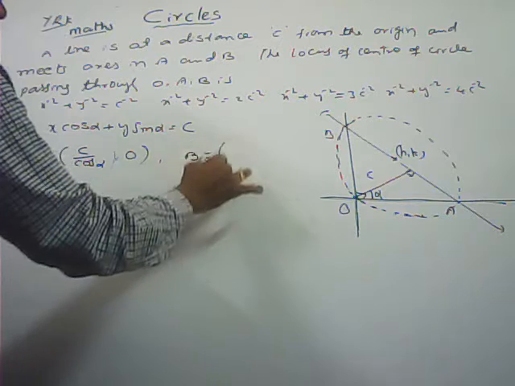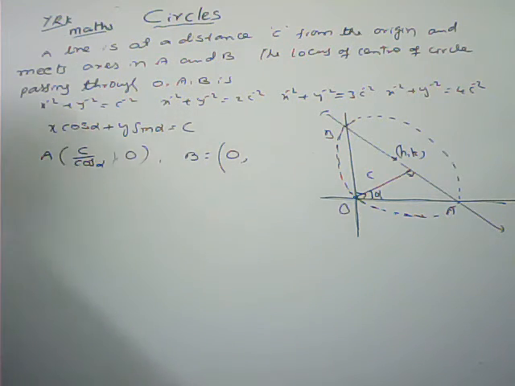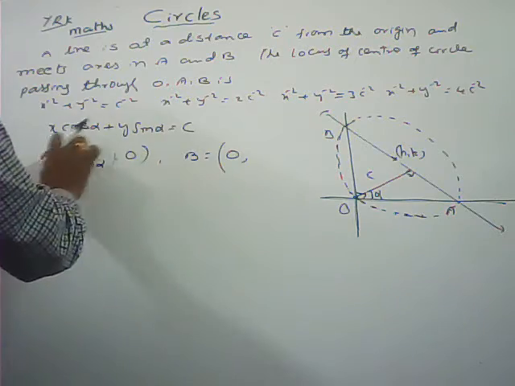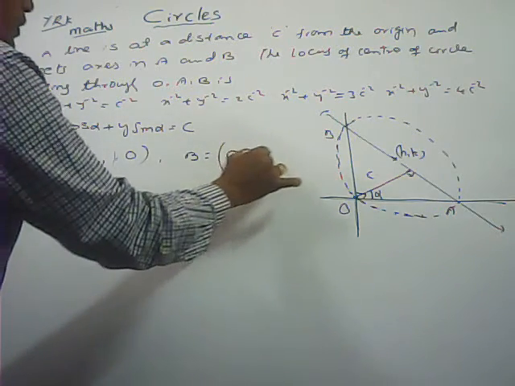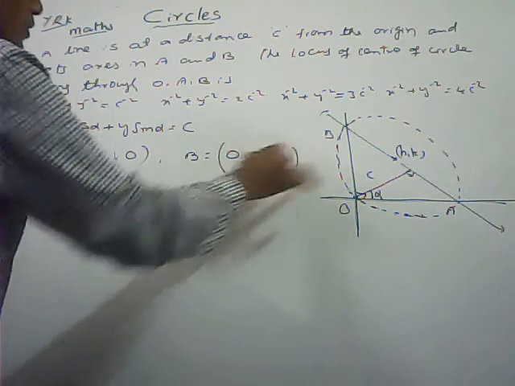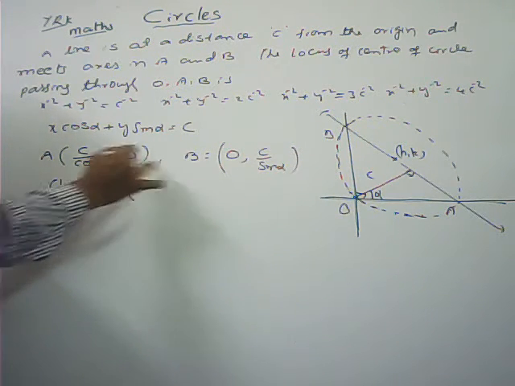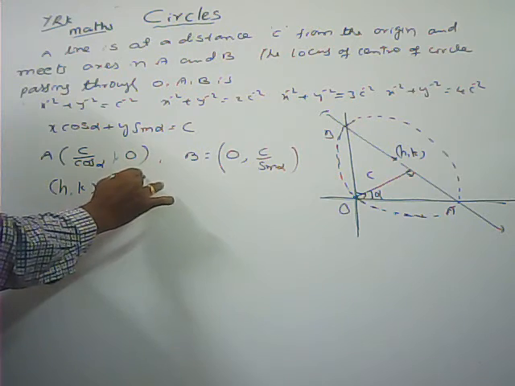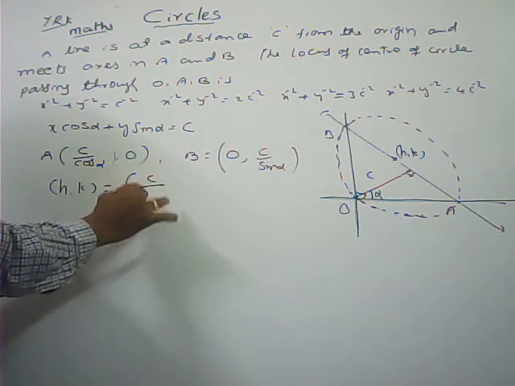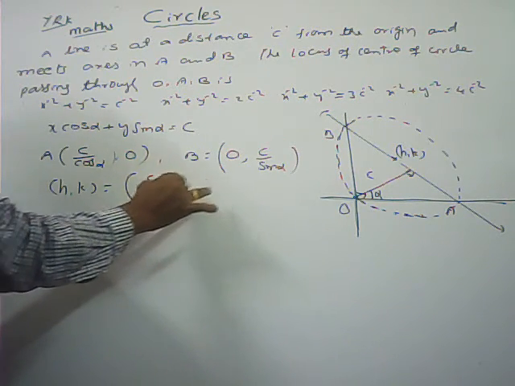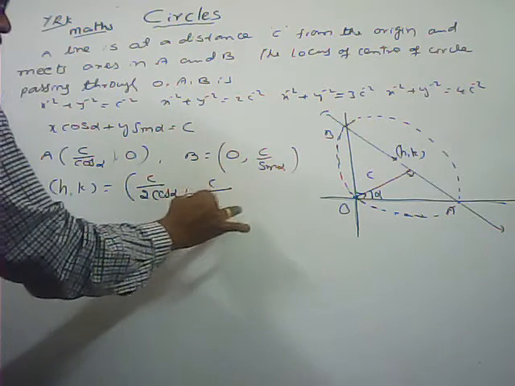It cuts the y-axis, where the x coordinate is 0 and y is equal to c/sin α. So here, what am I taking as the midpoint? (h, k) is equal to, what about the midpoint of this one? ((x1 + x2)/2, (y1 + y2)/2).